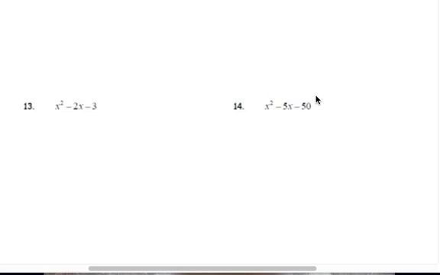Let's look at this one. All right, so we've got x squared in front, so we're going to do x in each one of the parentheses. That gives us x squared. And then we want to think of 2 numbers that you multiply to get negative 3, but they add up to negative 2. So maybe that can get a little difficult. So just start giving me some numbers that multiply to negative 3.